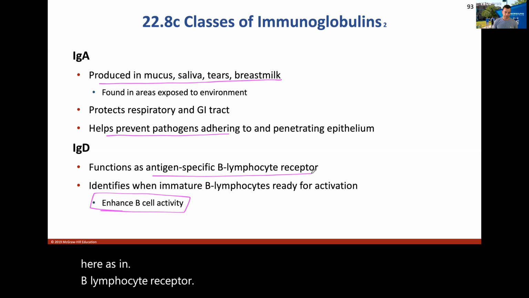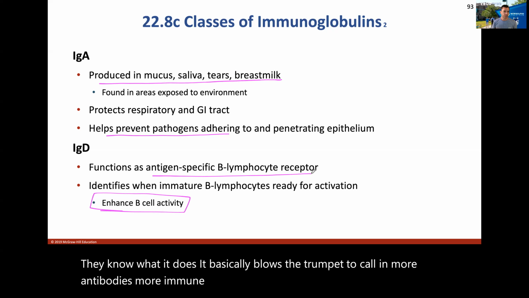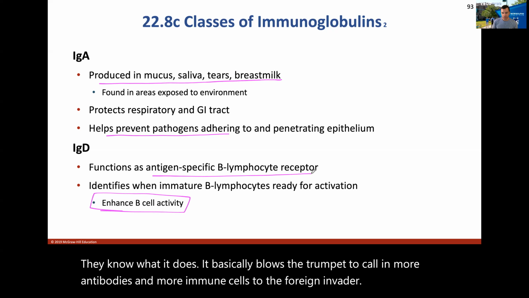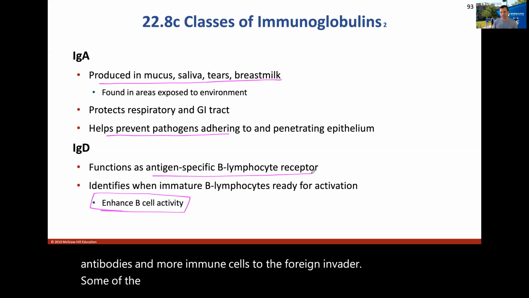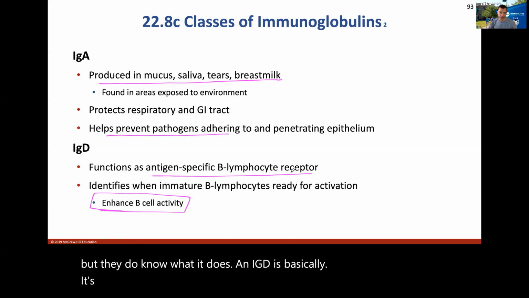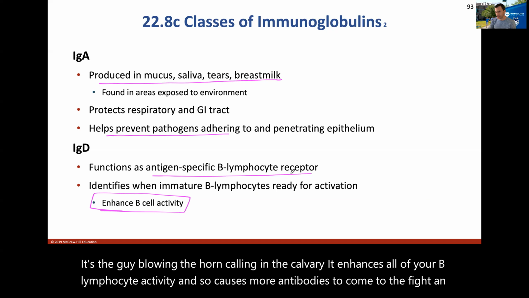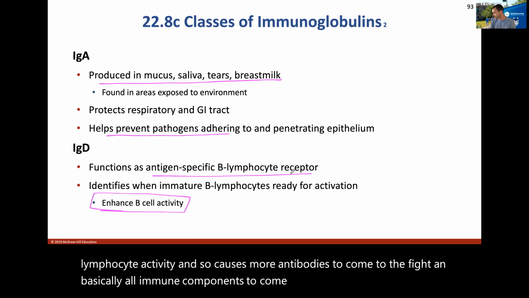It basically blows the trumpet to call in more antibodies and more immune cells to the foreign invader. Exactly how it does that, they don't fully understand yet, but they do know what it does. IgD is the guy blowing the horn, calling in the cavalry. It enhances all of your B lymphocyte activity, so it causes more antibodies to come to the fight, and basically all immune components to come to the site of infection.